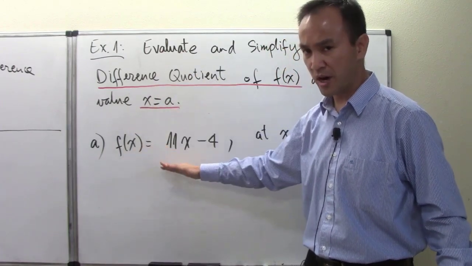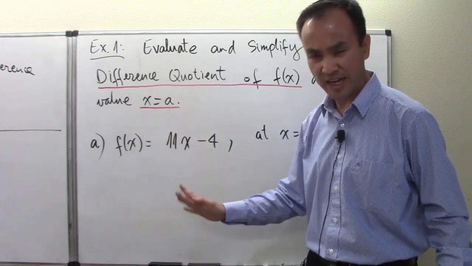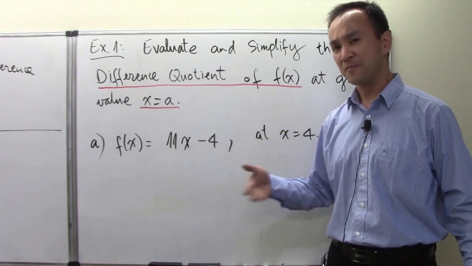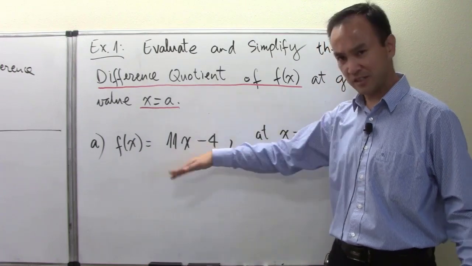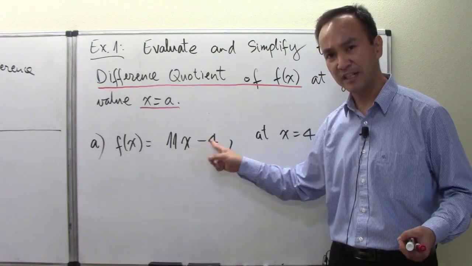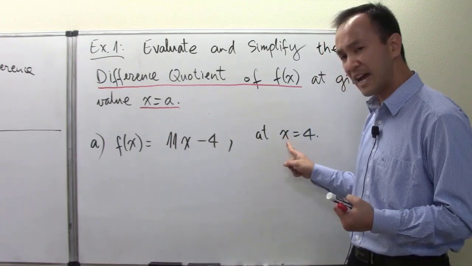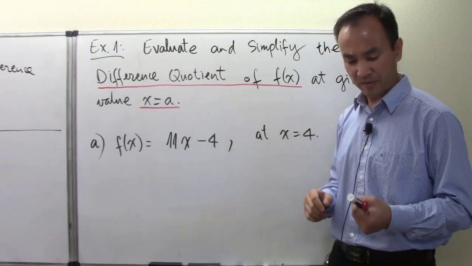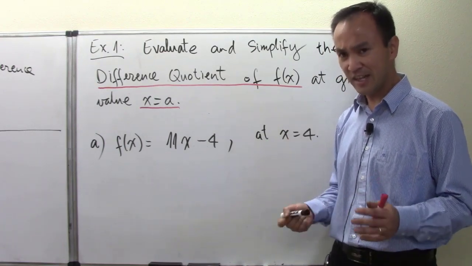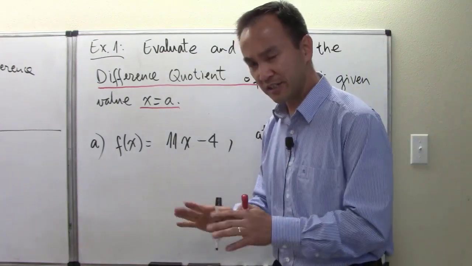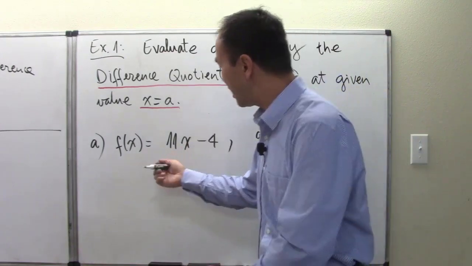So we are no longer in f of x equals x squared, that function I was doing for the introduction. Now we're in a different function. So f of x equals, how about 11x minus 4, for example. And then that given value x equals a is now x equals 4, specifically in this problem. So let's learn how we can set it up first. So here's the setup. Now I want the difference quotient.